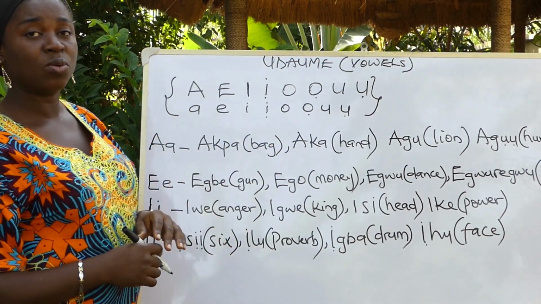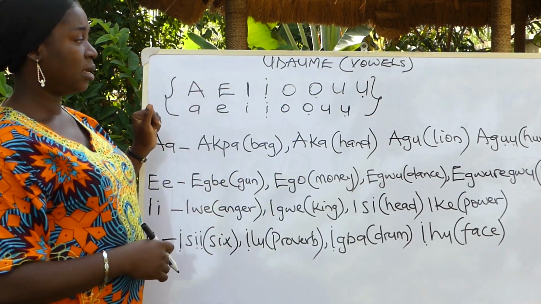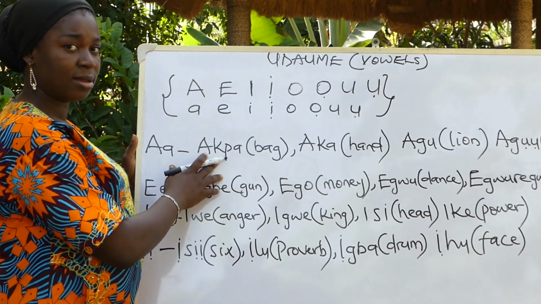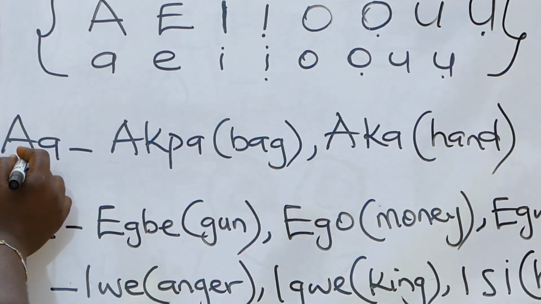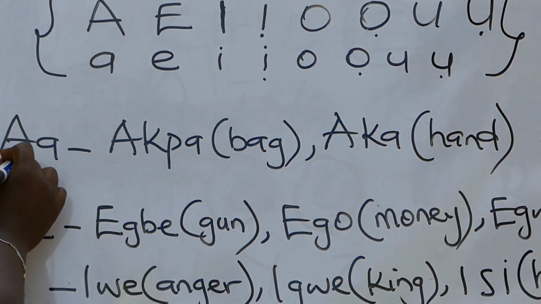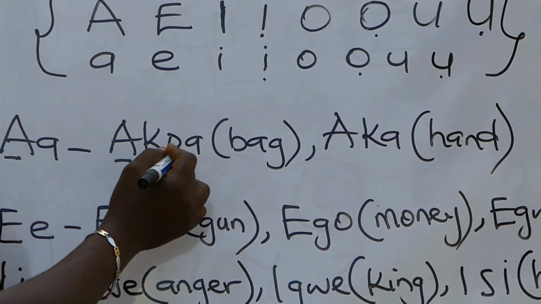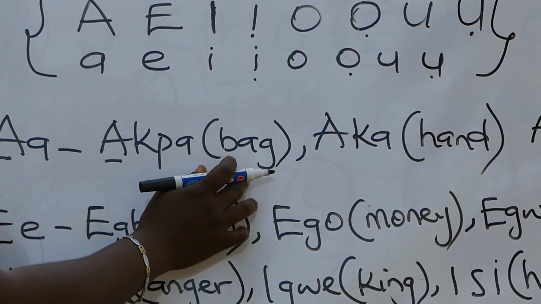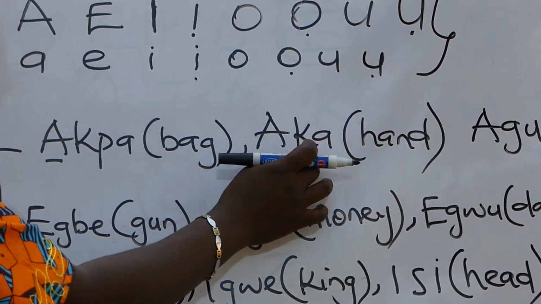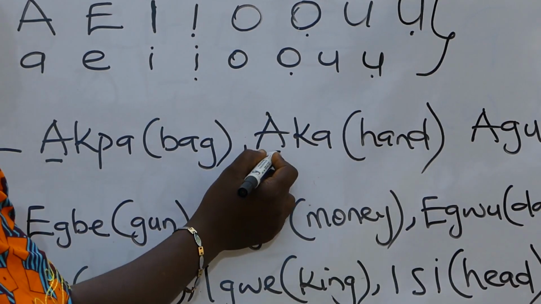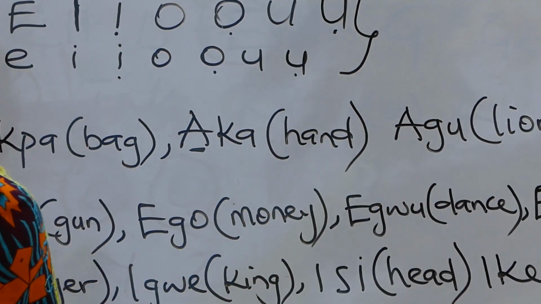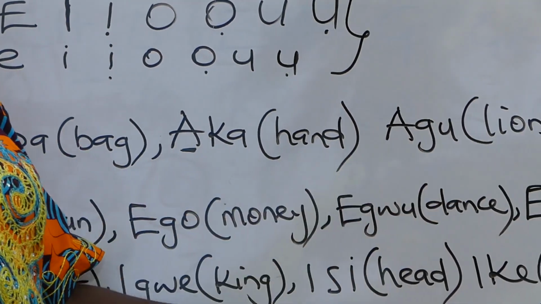So, here are the words you can form using the Udaume. A, apa. Remember we are talking about the Udaume, the sound of this letter A. So A, apa. Bag. Apa is called bag in English. Aka, hand. Remember we are talking about this sound A. Ago. Ago, lion.